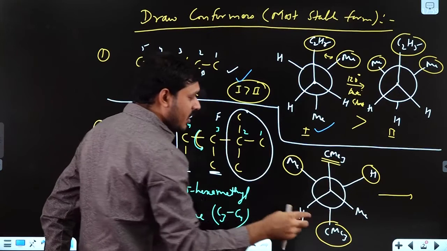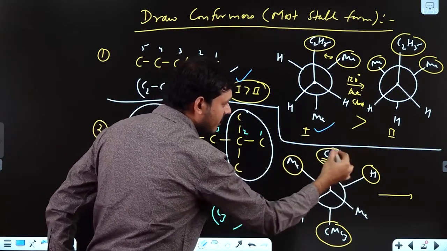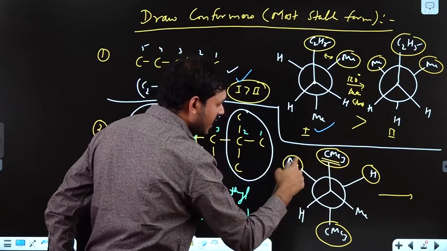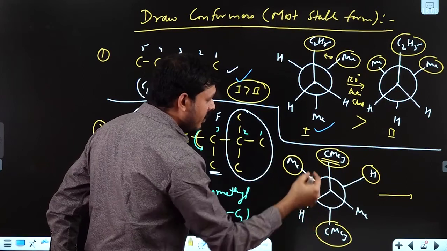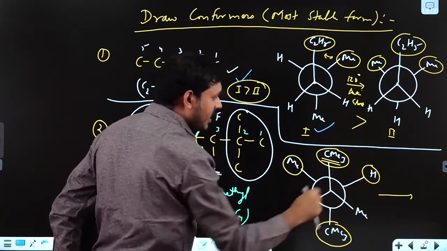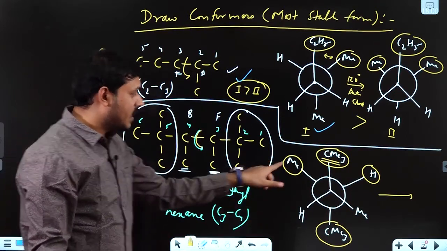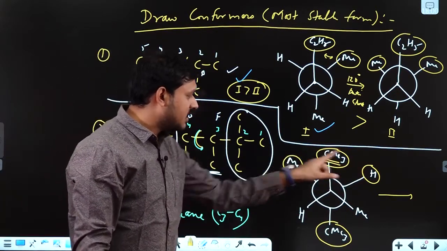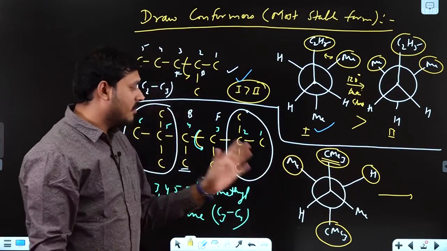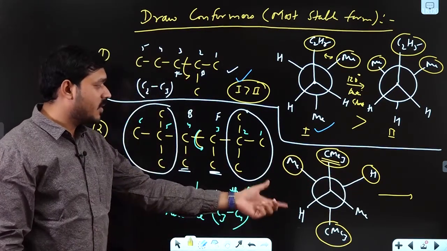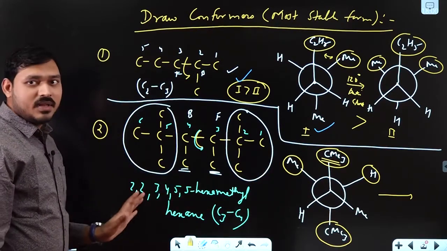Okay, with respect to this CMe3, you have methyl and CMe3 here. Again, one more staggered form will be when you have CMe3 here and hydrogen here. So two more staggered forms are possible for this example, right? Methyl-hydrogen, or methyl-CMe3, or hydrogen-CMe3. Three possible staggered forms. The best possible and most stable conformer is this staggered form. Okay, I think you are clear with this example.